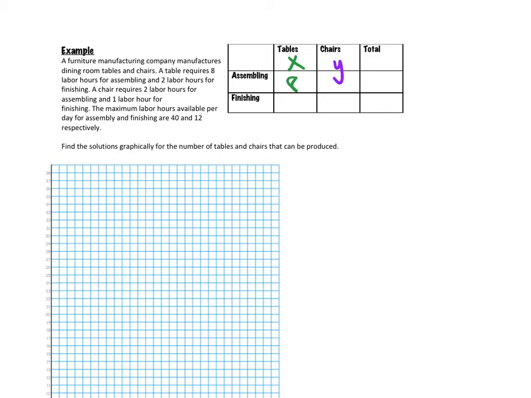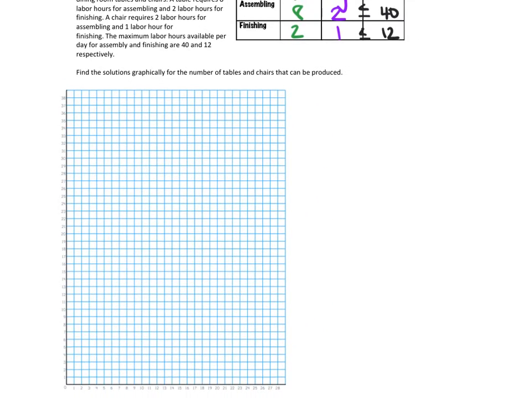And 2 labor hours to finish. And then for a chair, it requires 2 hours to assemble and 1 labor hour to finish. And it says the maximum, which means we can't exceed that. So we have to be less than or equal to both of these, 40 and 12.